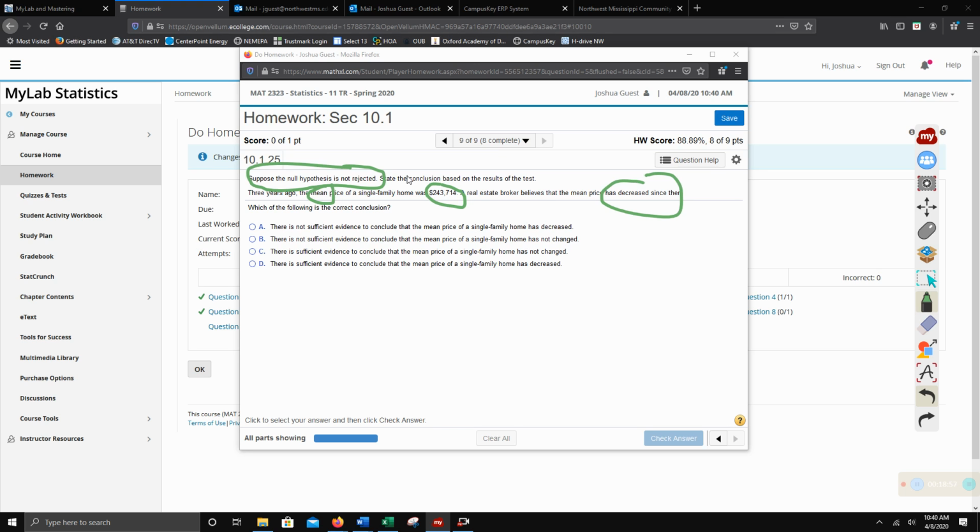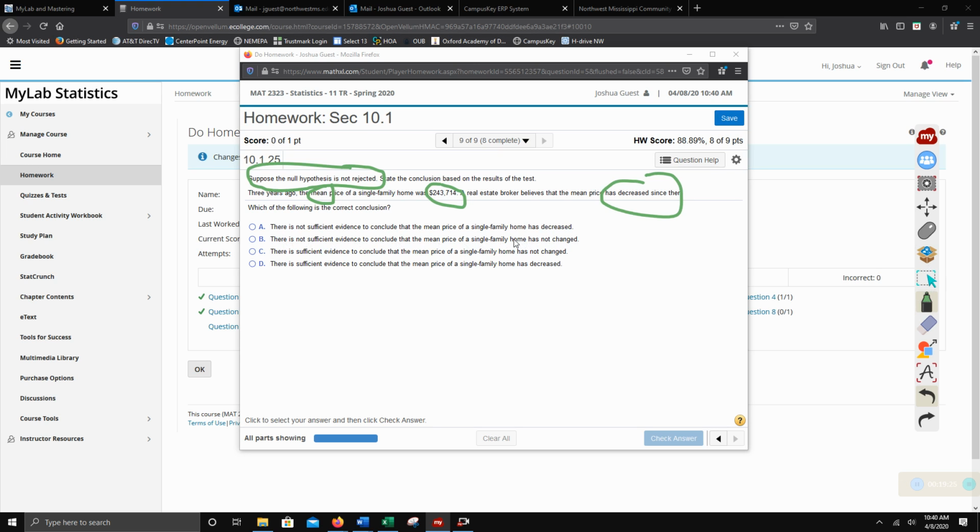So let's look and see what it is here. Suppose the null hypothesis is not rejected. That means we did not find evidence in support of our alternative hypothesis. So there's not sufficient evidence to conclude that the mean price of a single family home has decreased.